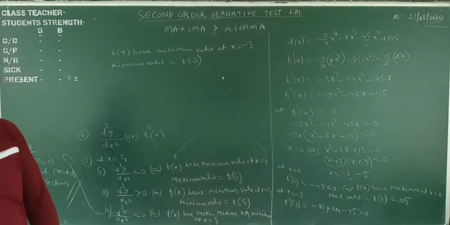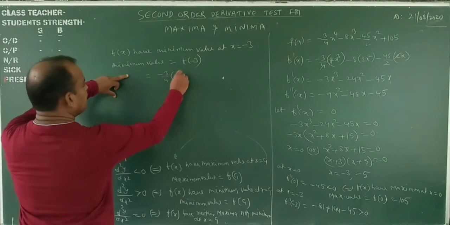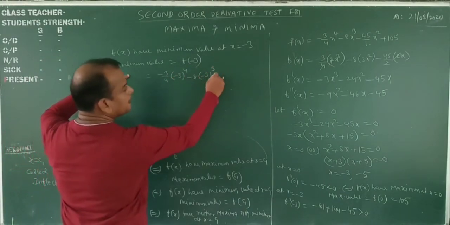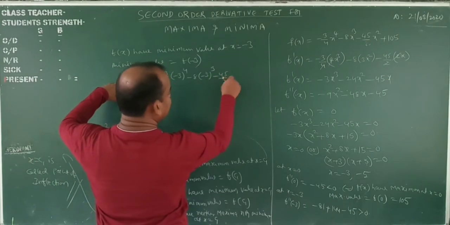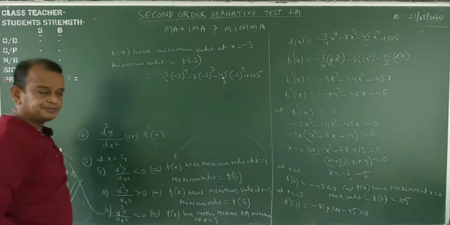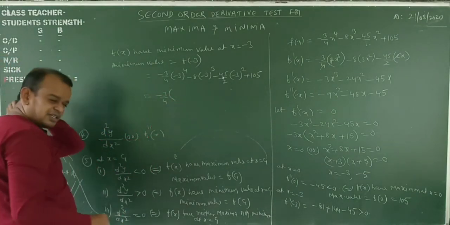What happened, f of minus 3? That is equal to minus 3 by 4 into minus 3 power 4, minus 8 into minus 3 whole cube, minus 45 by 2 into minus 3 whole square, plus 105. Minus 3 by 4 into 3 power 4, 3 3s are 9, 81.